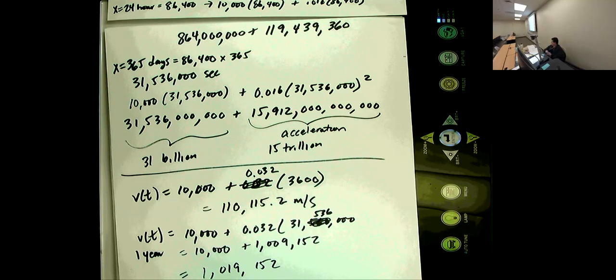So that slight pressure from the solar wind after a year is making this vessel just book. It's hauling some serious speed.